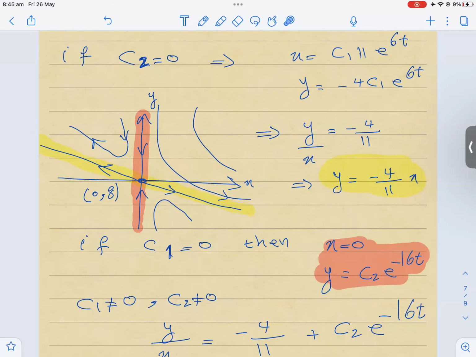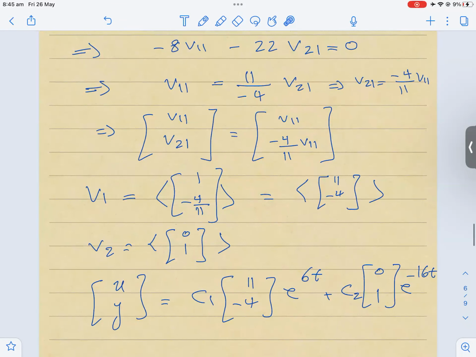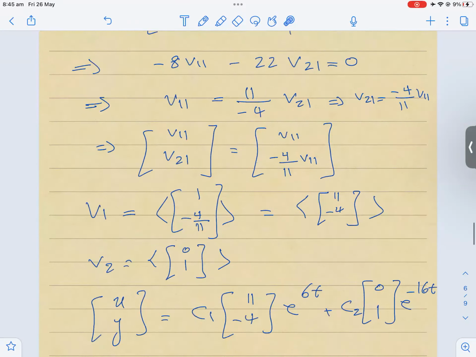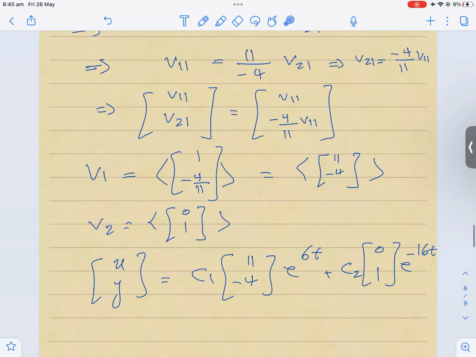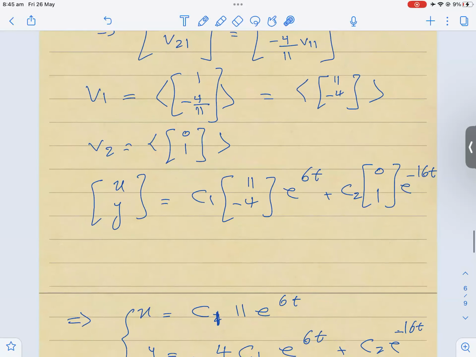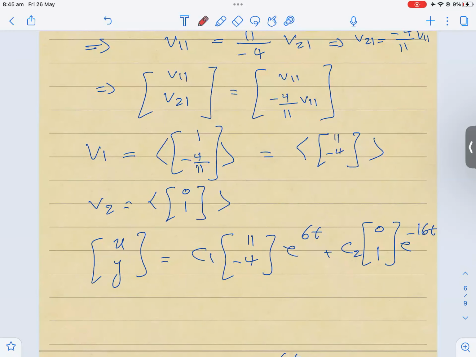How did you get V2? The eigenvector, I just didn't calculate it here; I calculated it at home and wrote it here. You get the matrix of 22, 0, -8, 0. For the eigenvector associated with the eigenvalue, V2 is (0, 1).